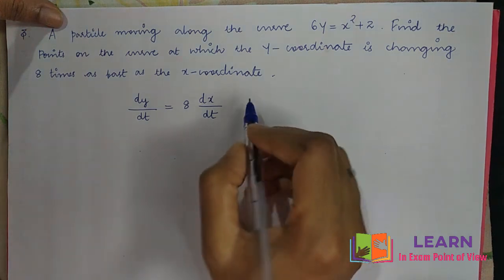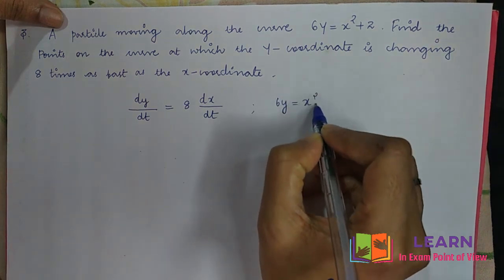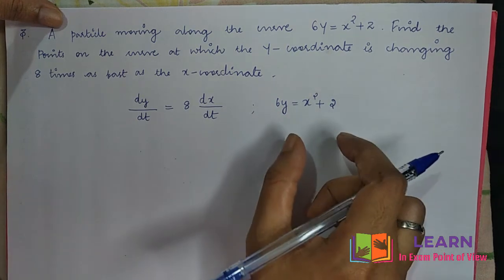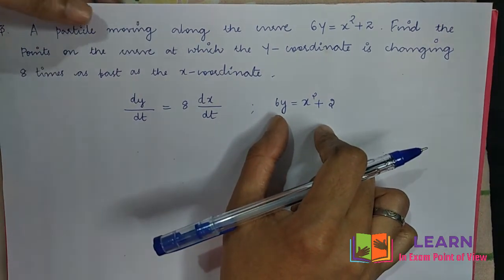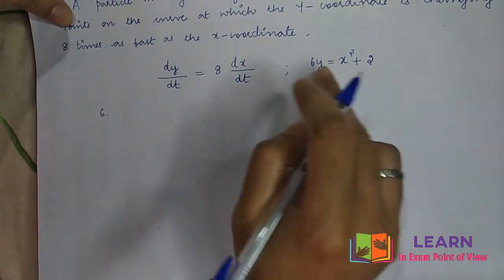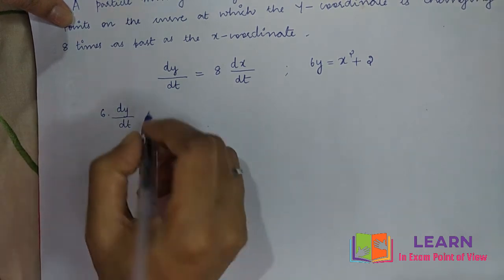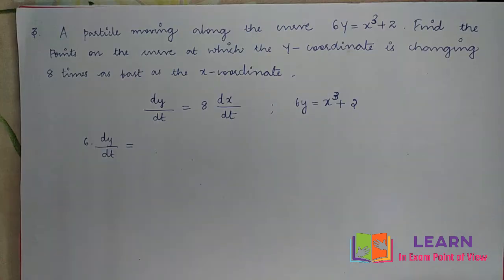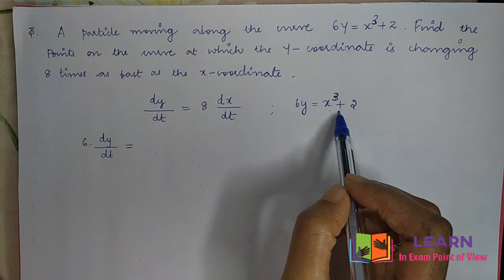And what is the curve given? 6y equals x cube plus 2.